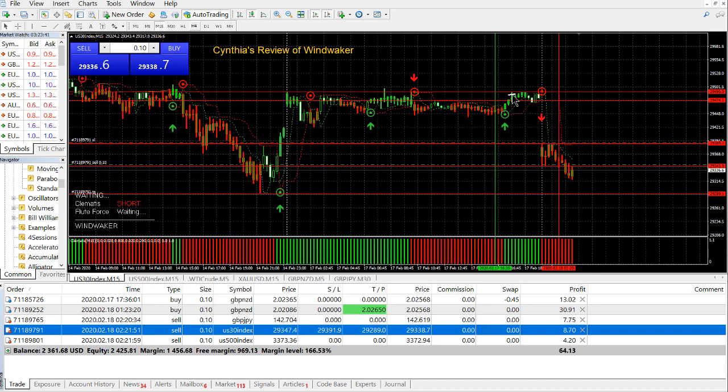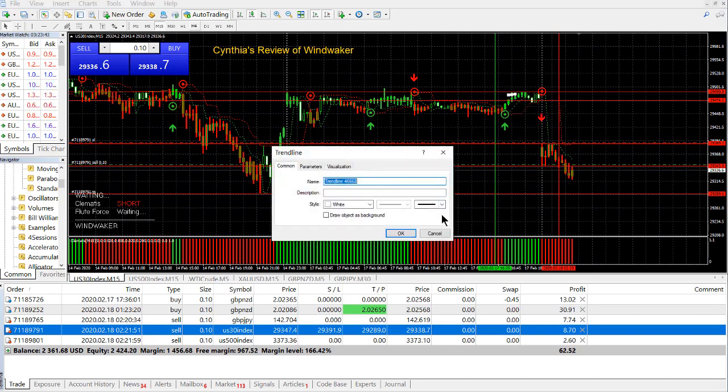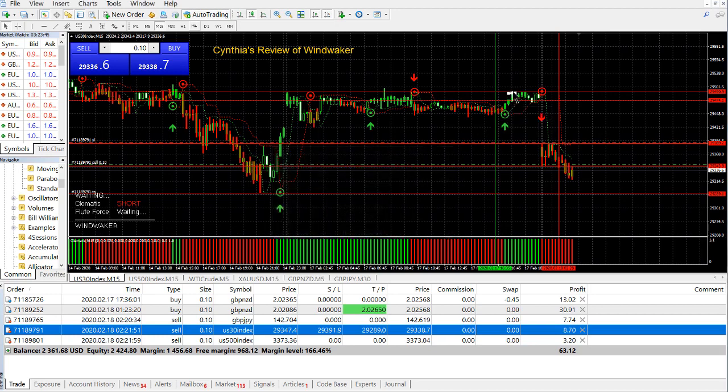So this is my own little tool that I use. You can use it for trend lines, or I use it for marking up where I exit, and that's this right here.